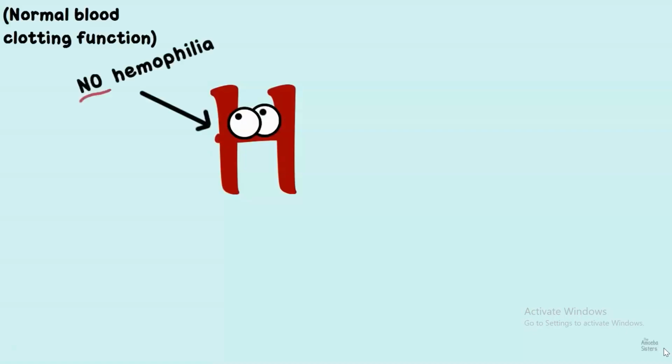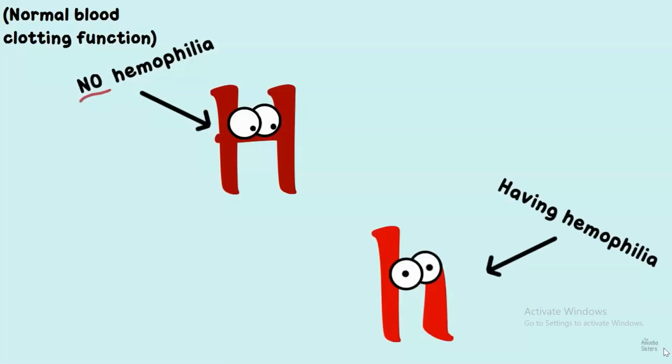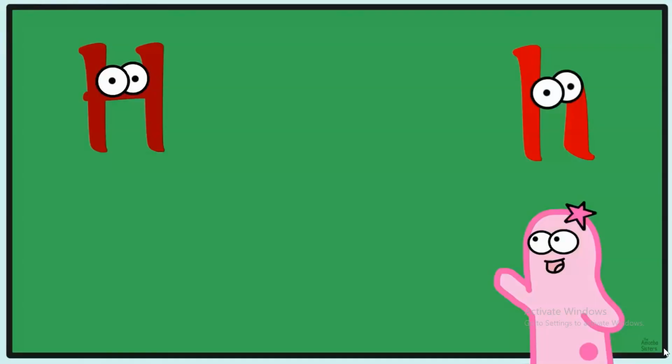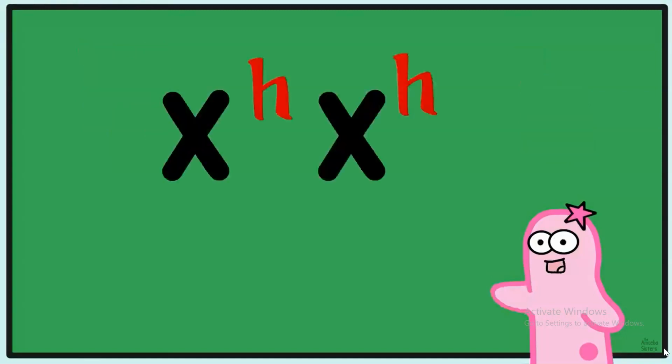Now we will use the letter capital H to represent an allele for having normal blood clotting function and a lowercase h to represent an allele for having hemophilia. Hemophilia is a sex-linked recessive disorder, which is why it's being represented by a lowercase letter h. Only it must be placed on the sex chromosome as a superscript, like an exponent.